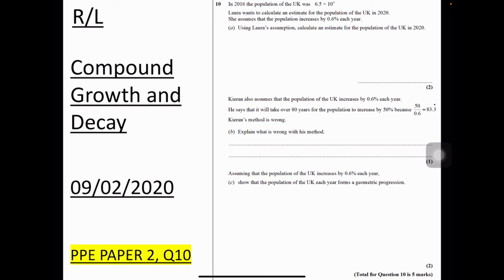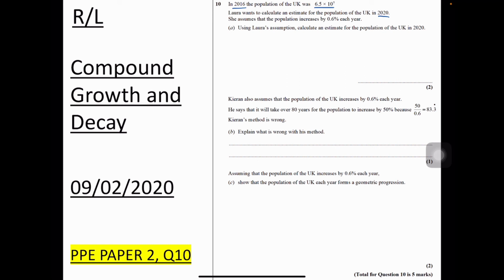So now coming back to our starter question. In 2016, the population of the UK was 6.5 multiplied by 10 to the power of 7. Laura wants to calculate an estimate for the population of the UK in 2020. She assumes that the population increases by 0.6% each year.